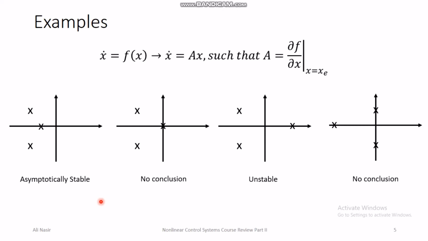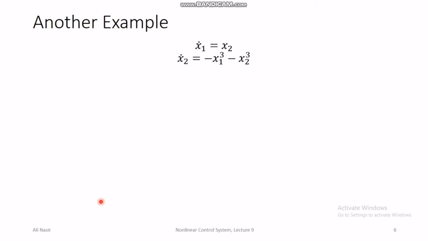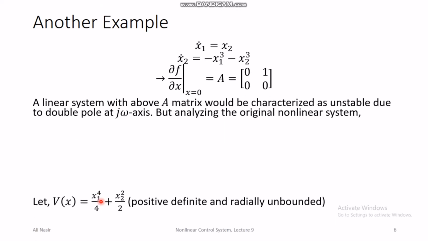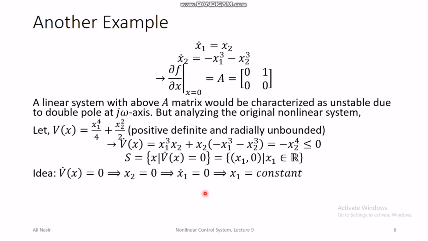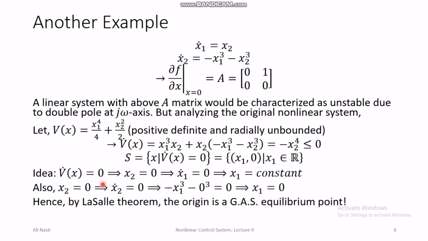And continuing in this manner, we looked at an example which was to me the most important example of this lecture, which shows you that a linear approximation of a nonlinear system could be completely off in terms of determining the asymptotic stability of the equilibrium point of the original nonlinear system. So a linear system may not be able to represent the stability property of the equilibrium point.